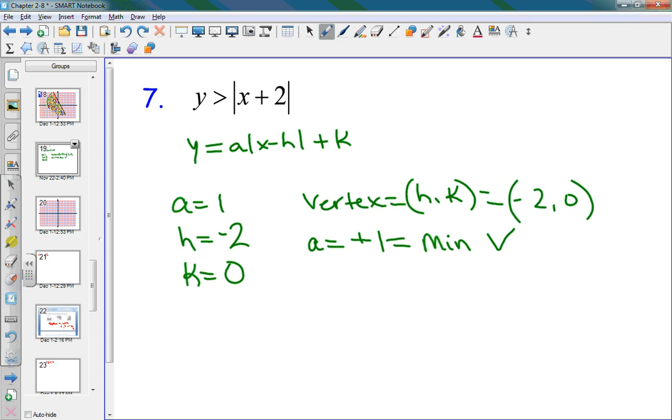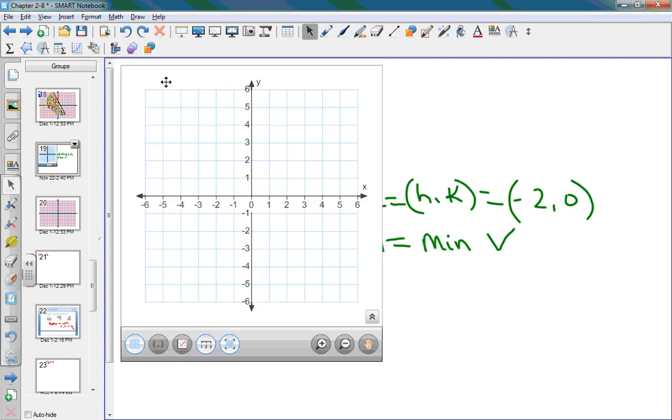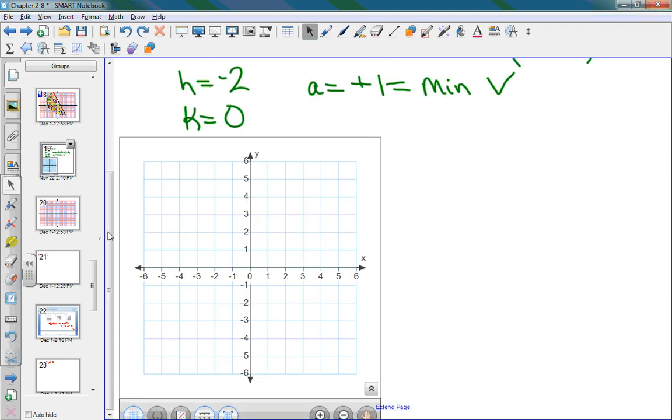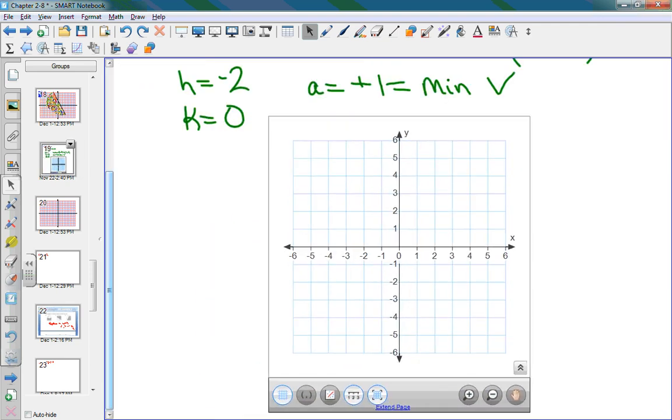They're V's, and more importantly, they're all symmetrical, right? So if they're symmetrical, all I have to do is graph the point negative 2, 0, which is my vertex.